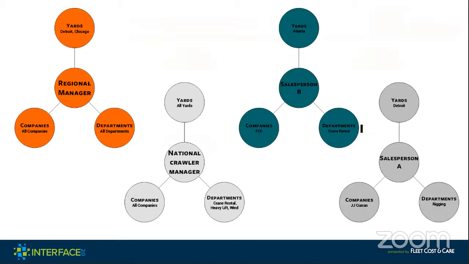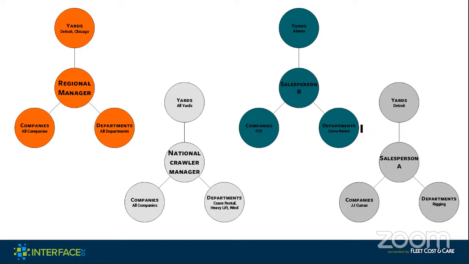So if we look right here, this is a hypothetical set of 4 users we've got. I've got that regional manager there in orange on the top left, and the set of companies for that regional manager is all companies and all departments.